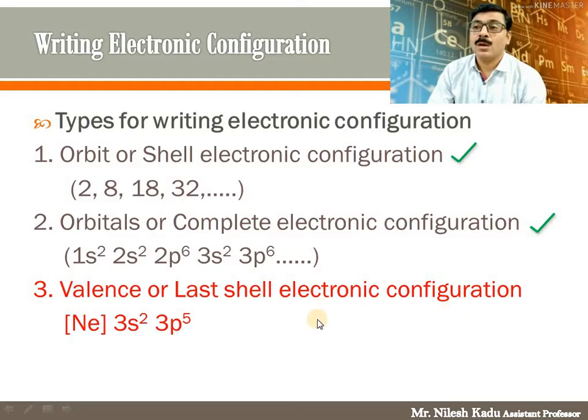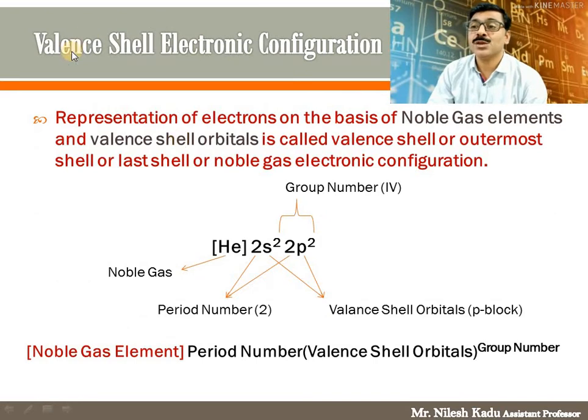But friends, what is called valence shell electronic configuration? It is the representation of electrons on the basis of two things. First, the electrons are represented on the basis of noble gas element, and second, the representation of electrons on the basis of valence shell orbital.